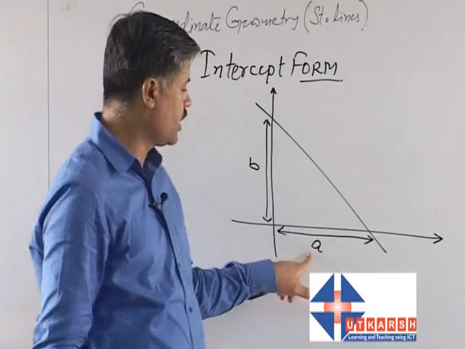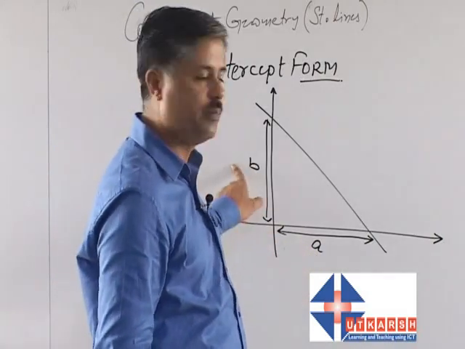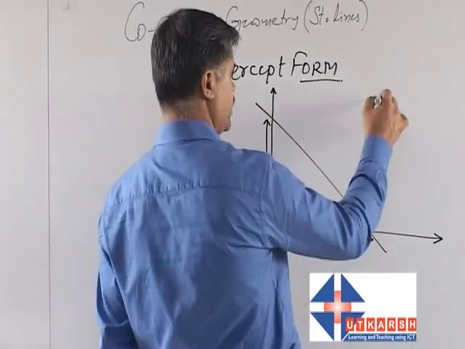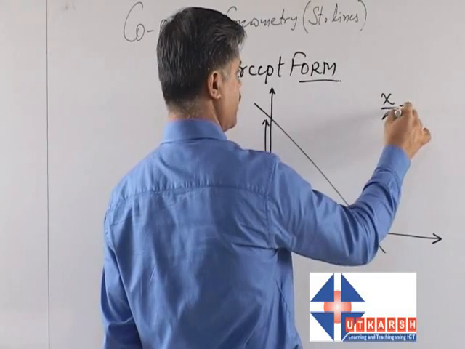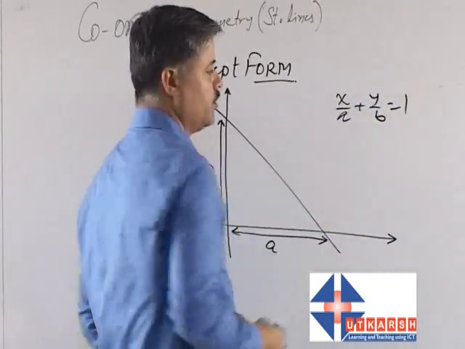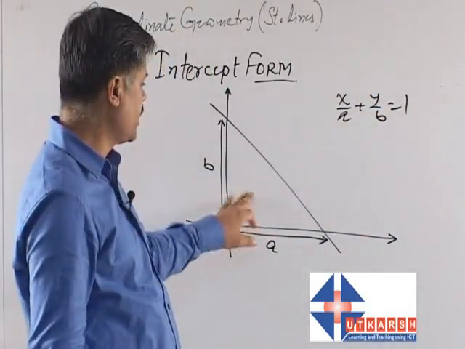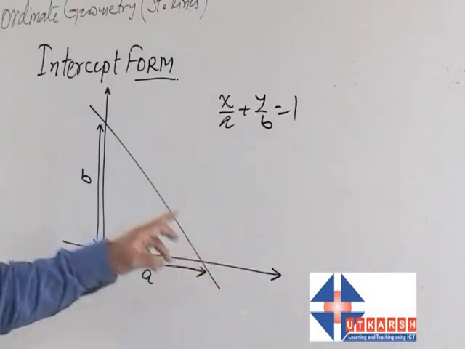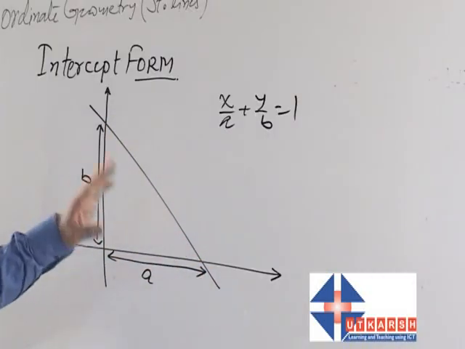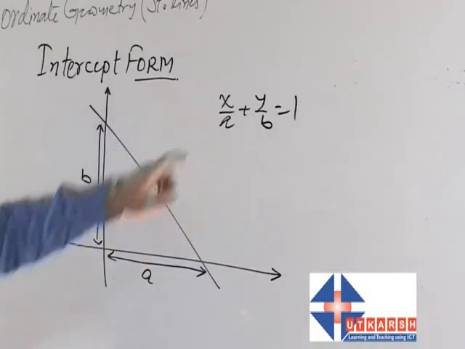Equation of line making intercept a on x axis and b on y axis. The equation will be x upon a plus y upon b is equal to 1. You can prove it again taking the point, this is to be (a, 0) and this is to be (0, b). You can use now any result. This will be the line here.